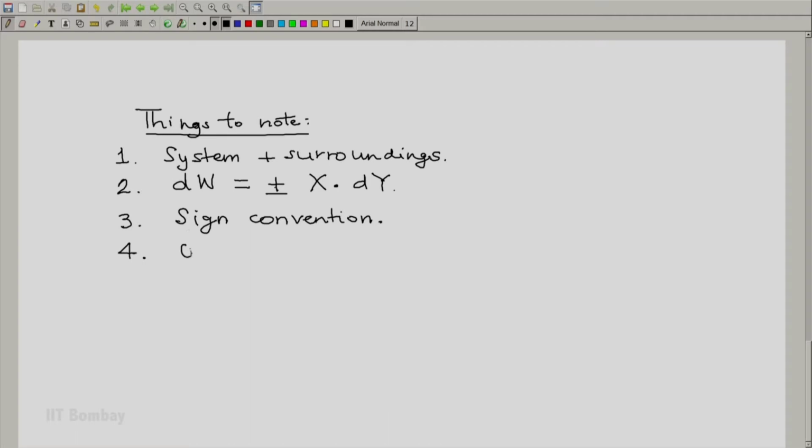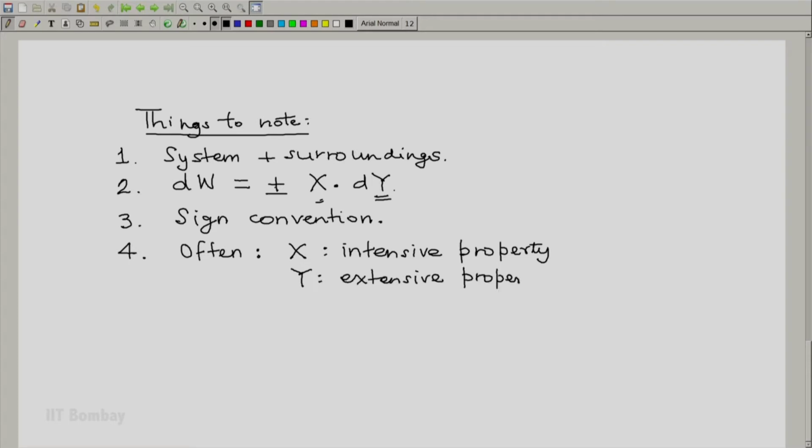Then we should also note that often but not always x here is an intensive property of our system, whereas the second component dy, in which y is involved, y is an extensive property.